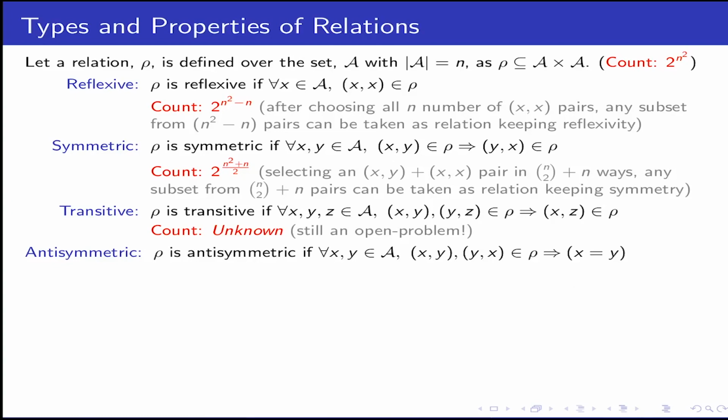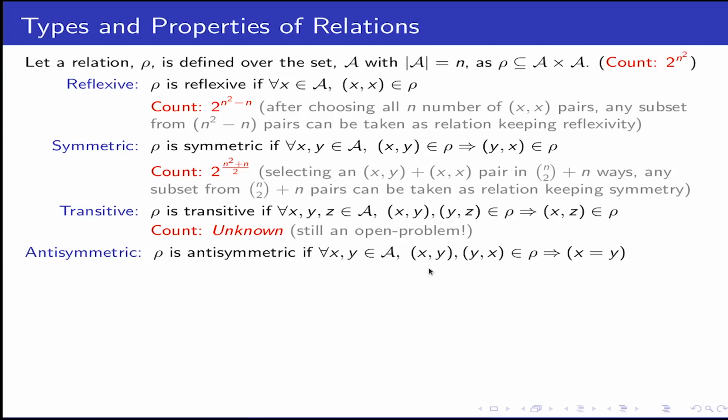Either I say x should follow y, or y should follow x, but not both. When I say both will happen, that means you are dealing with the same element. So in subsequent lectures, we will see that this property is very much needed to make the set of elements follow some order.